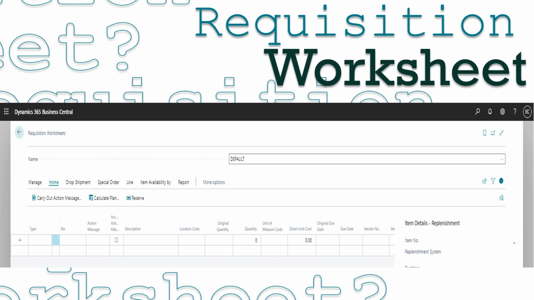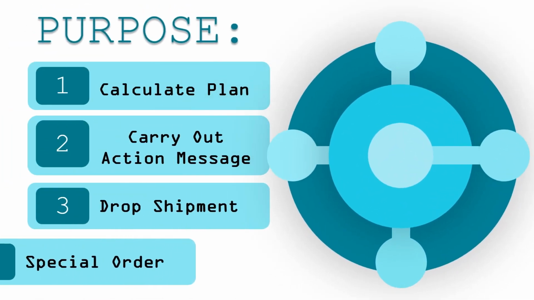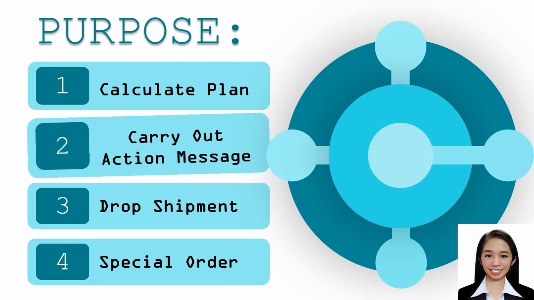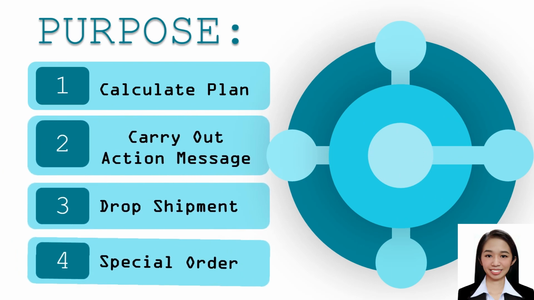So how does the requisition worksheet in Dynamics 365 Business Central work? What can someone do with the requisition worksheet? There are many ways to use this worksheet. The first one, using the Calculate Plan batch job. It will calculate a replenishment plan for items in stock keeping units that have been set up with a replenishment system of purchase or transfer.